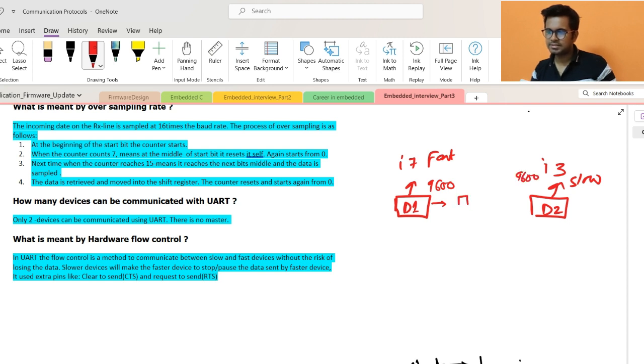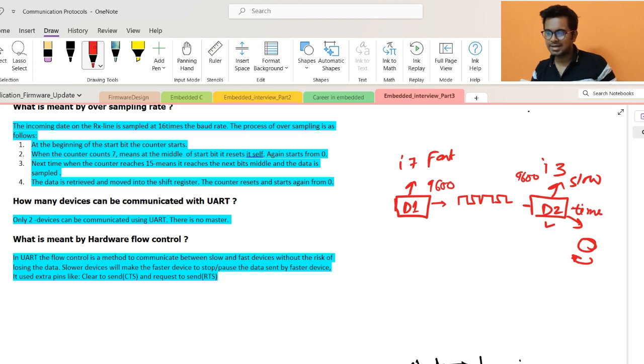But when it sends some data to it, this device needs some time to process the data. It says, okay, I already received some data, I need to keep it in the shift register and process the data. So to do this the device needs some time.